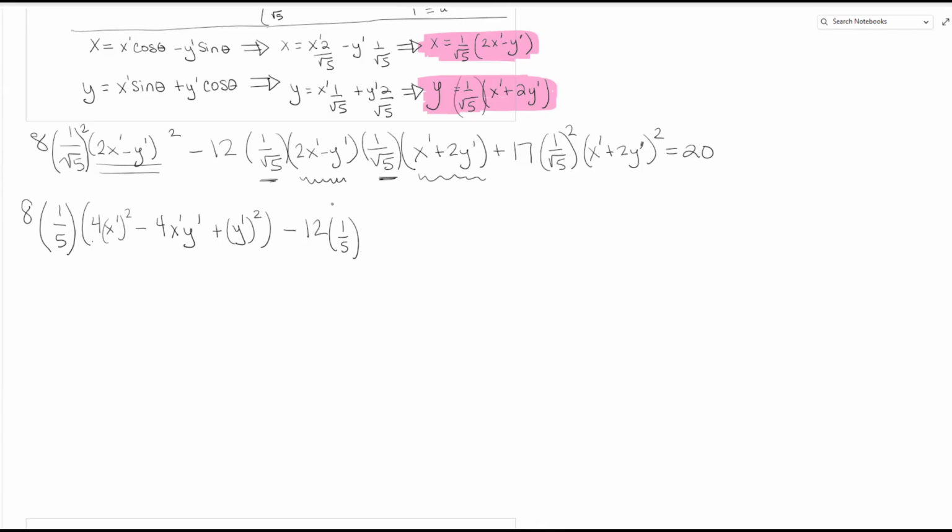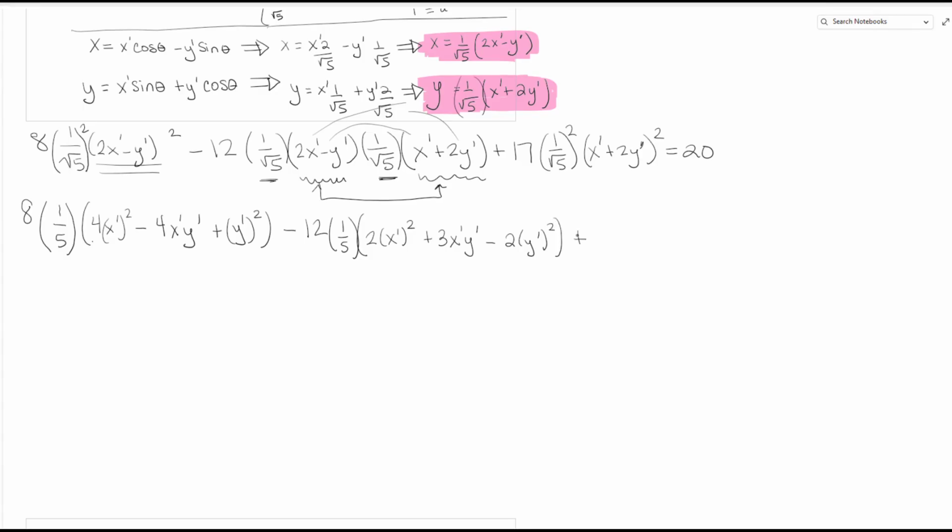We're going to 2x prime squared first 1 prime minus x prime, and then prime, okay.